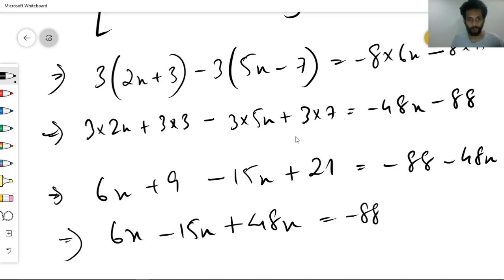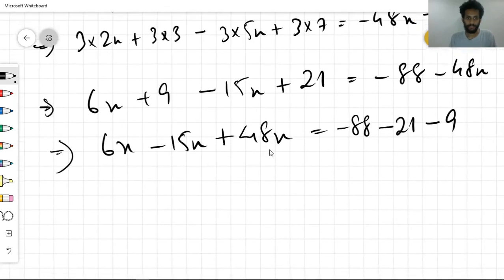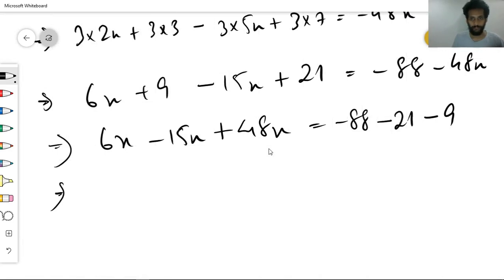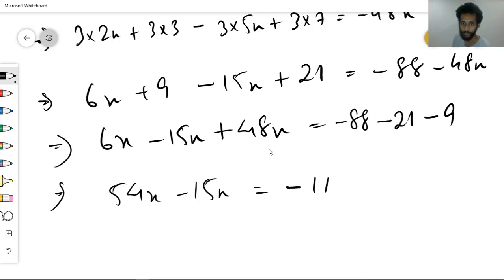After that, this 21 will be going, and also 9 will be going to the other side. So now here, if I plus this 2, it will be 54x minus 15x is equal to, when I plus all this, it will be 30. This is 30, then 1, 1, 8.